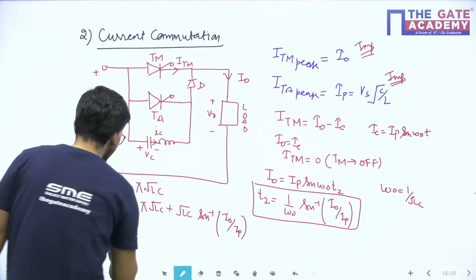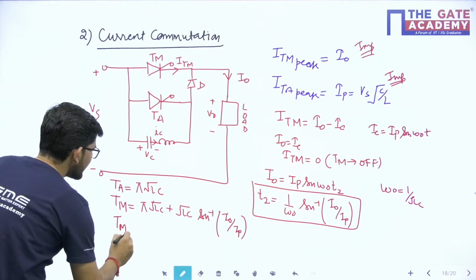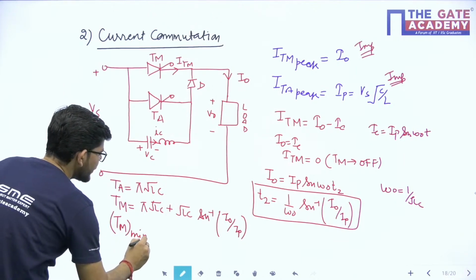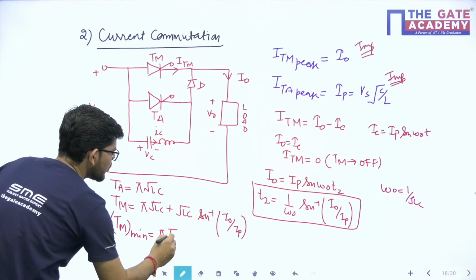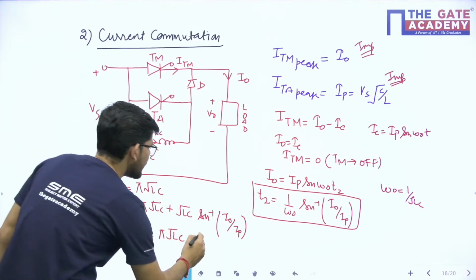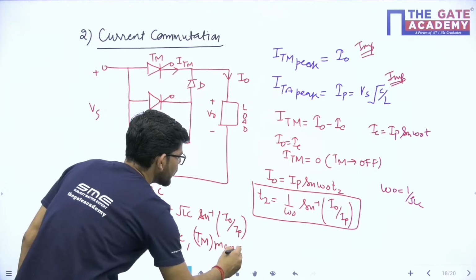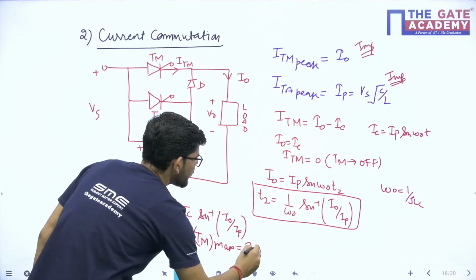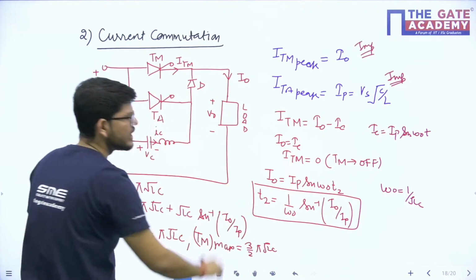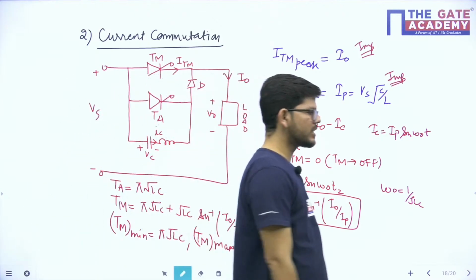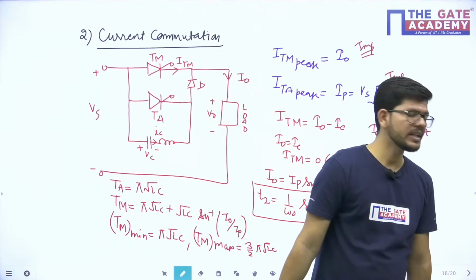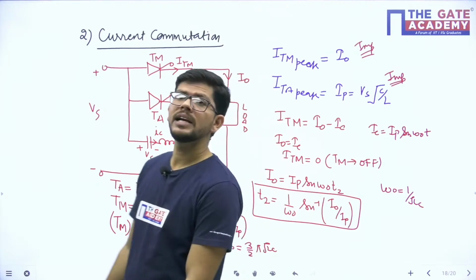So what will be the TM minimum? TM minimum will be equal to pi under root LC, and what will be the TM max? TM max will be equal to 3 by 2 pi under root LC. So this will be the minimum and maximum time for which the main thyristor will conduct.